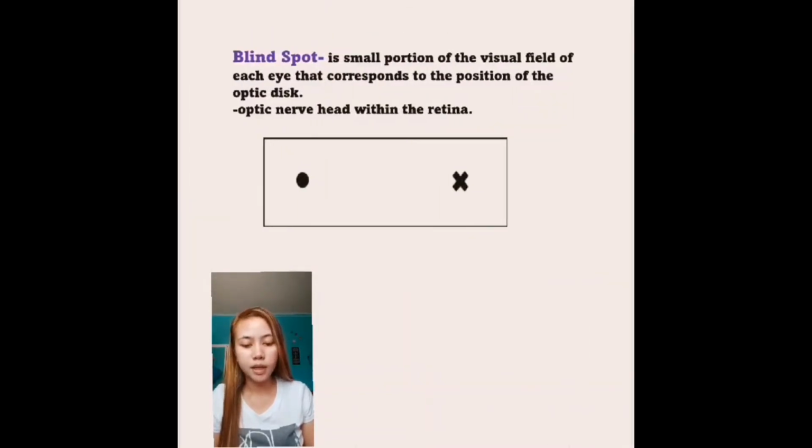The blind spot is a small portion of the visual field of each eye that corresponds to the position of the optic disc, also known as the optic nerve head within the retina. Try to stare at the square or circle about 35 cm away. Slowly bring the figure closer to the eye. When the lateral object disappears, it has fallen on the blind spot.